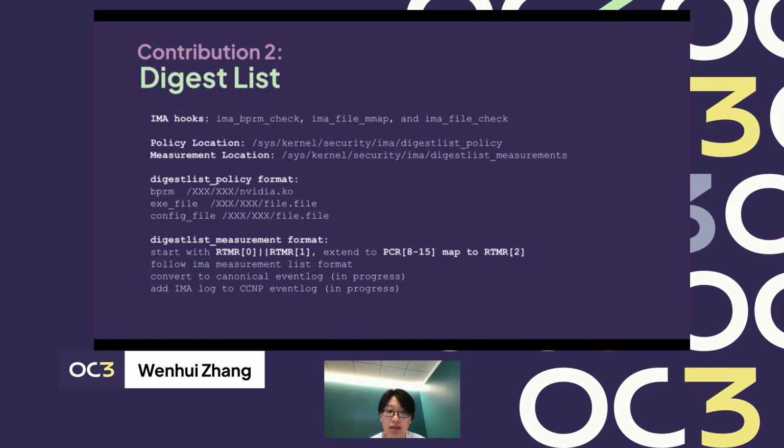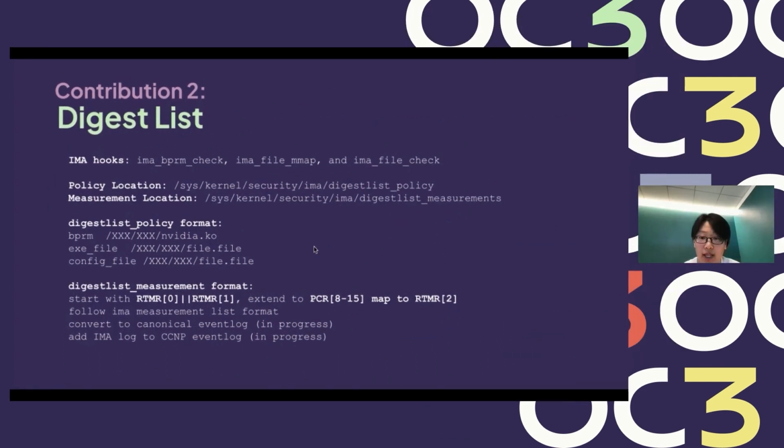So we want to limit IMA hooks for attestation to IMA BPRM check, IMA file mmap, and IMA file check. And we still follow the IMA procedure and put the digest policy and digest policy measurement in the IMA folder. And our policy format is like this. Customers will specify the BPRM executable files and configuration files.